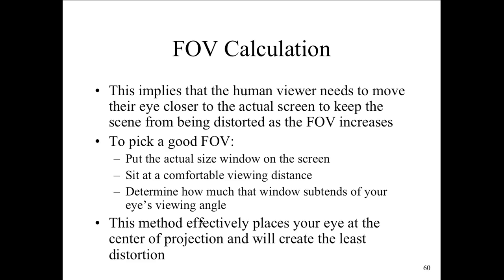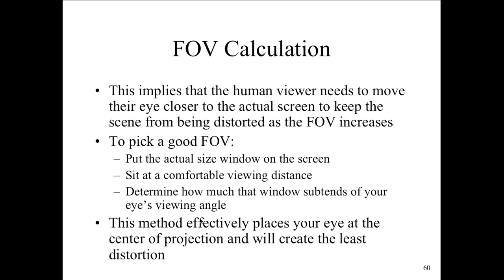There's a calculation for it in order to make it realistic. So the human viewer needs to move their eye closer to the actual screen to keep the screen from being distorted as the FOV increases. Which means in your line of sight, things will get smaller, so you're moving closer so that things get bigger again.